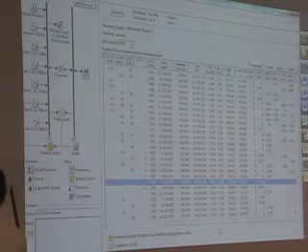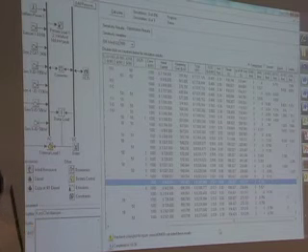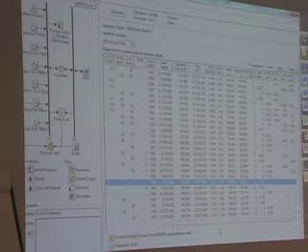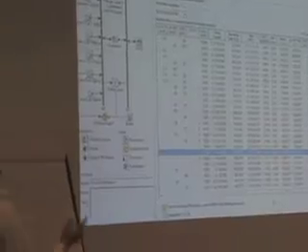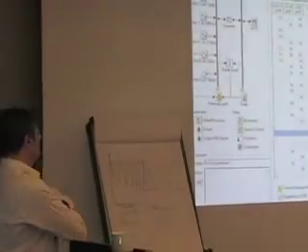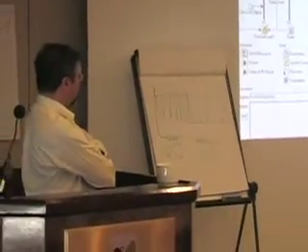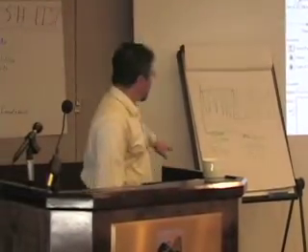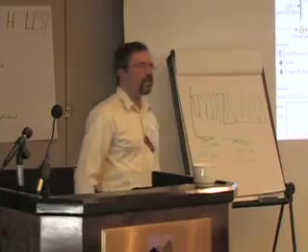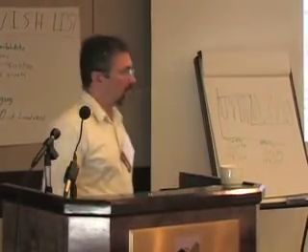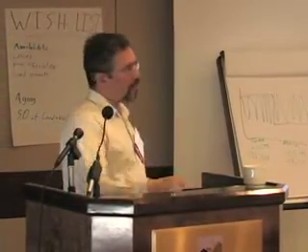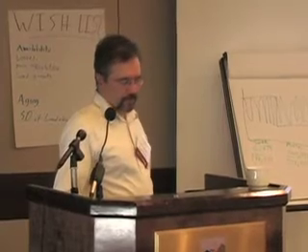So it's saving something like 2/3 of the generator fuel, and I don't know what that is, 60% of the boiler fuel. So it's saving about 70% of the generator fuel and 60% of the boiler fuel. So that's pretty impressive. And that's with the operating reserve set at 100%.